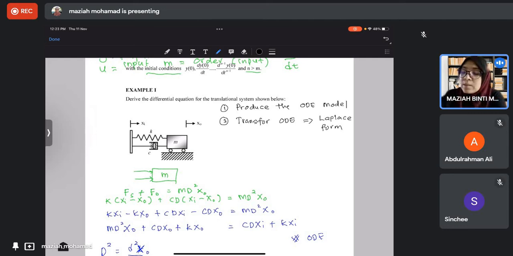The third step will be to apply the initial conditions. Once we convert into the Laplace form, we apply the initial conditions to that. After we apply the initial conditions, then we apply the input.